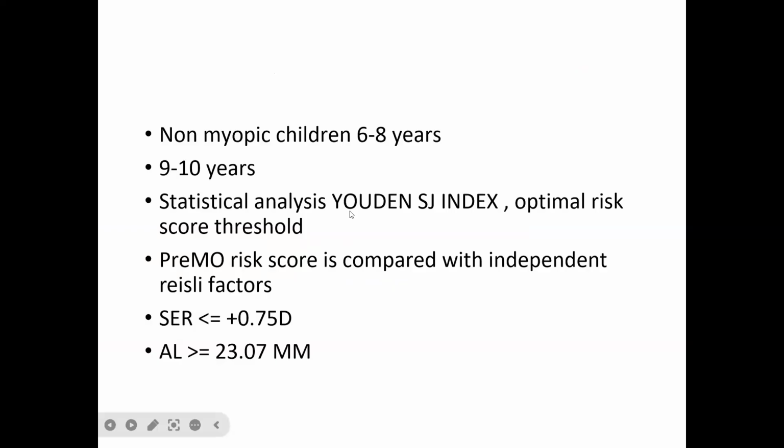The statistical analysis was done by Youden J index, comparing the optimal risk score threshold of the pre-myopic risk score, with the independent risk factors of spherical equivalent refraction less than or equal to plus 0.75 diopters, that is nothing but the hyperopic reserve, and axial length of more than or equal to 23.07 millimeters.